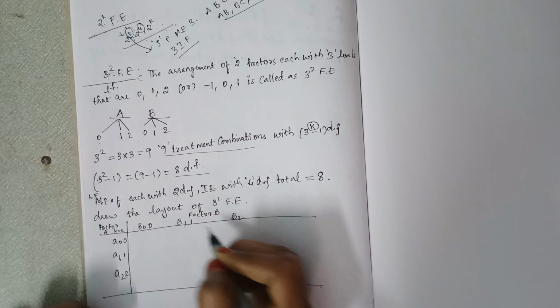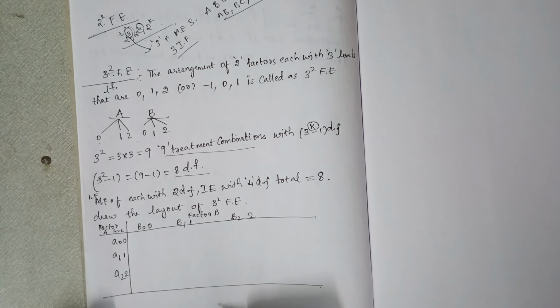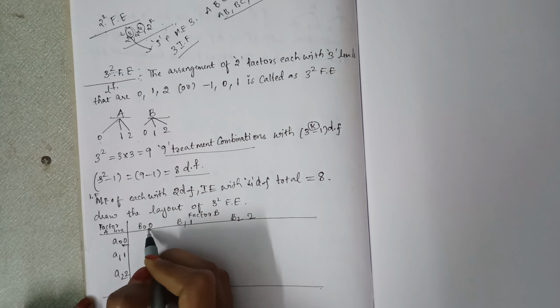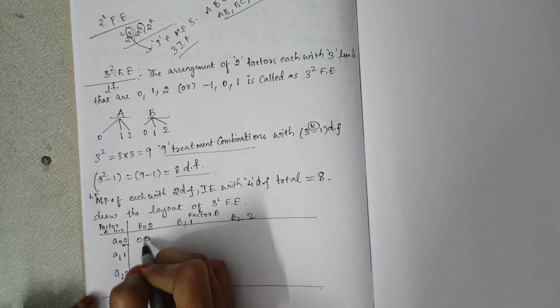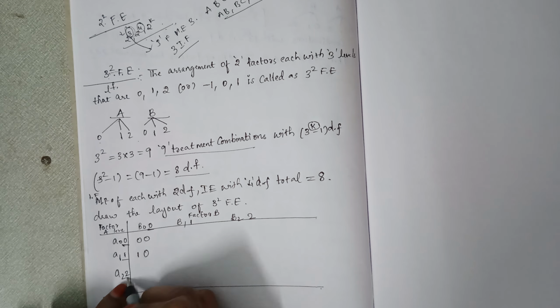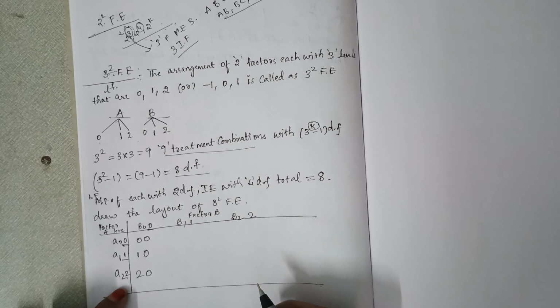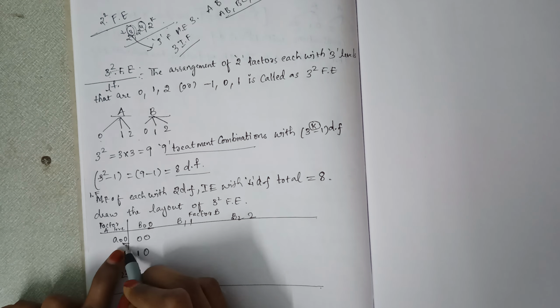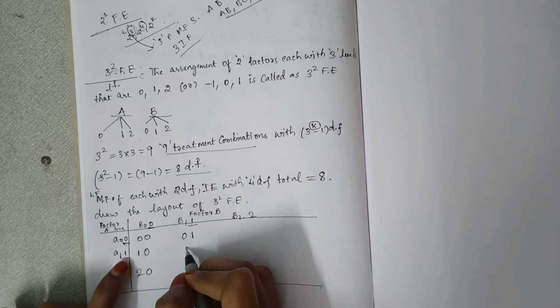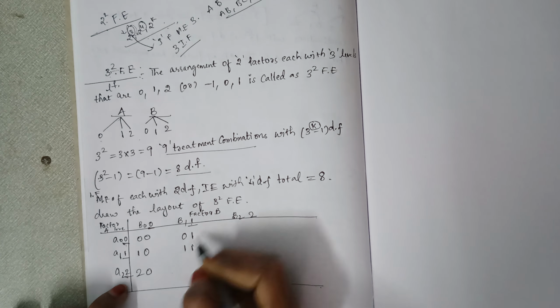So first we will take the x-axis 0, 0. So 0 0, 1 0, 2 0. And here 0 1, 1 1, 2 1.